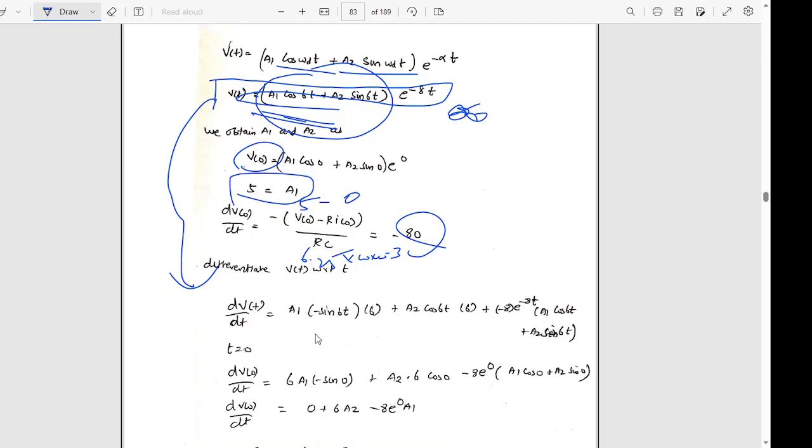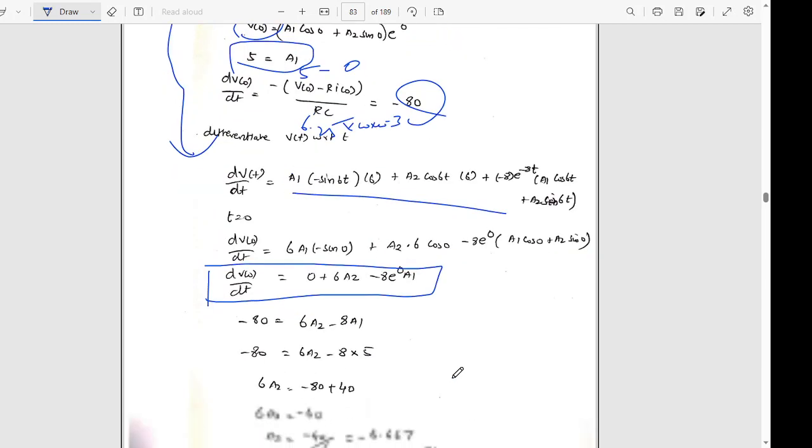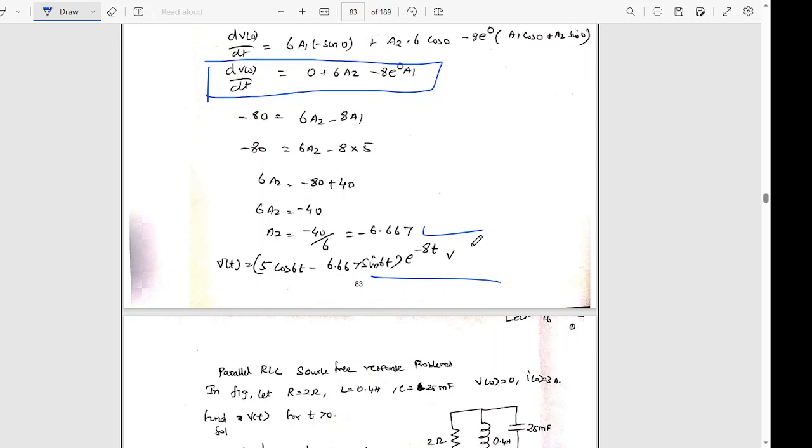So differentiating with respect to t, I will get this equation. Substitute t equals 0, my equation will be like this. Now dv of 0 by dt is equal to minus 80. Substitute the value and find the answer for a2. a2 we got as 6.667. Substitute in this equation: v of t equals 5 cos 6t minus 6.667 sin 6t, e power minus 8t. Okay, thank you.